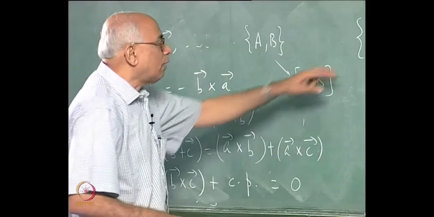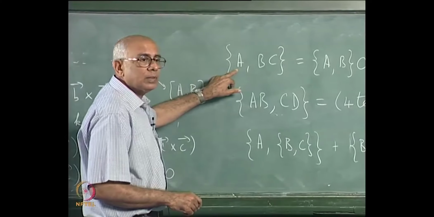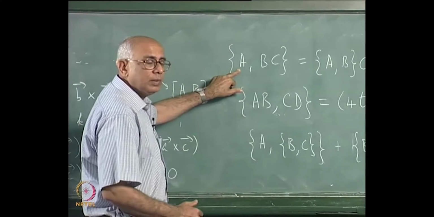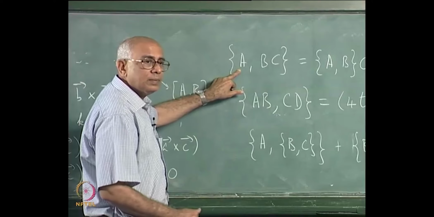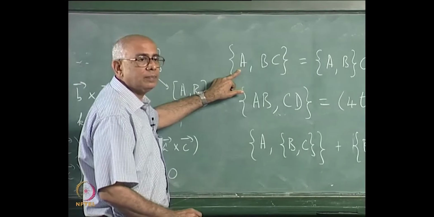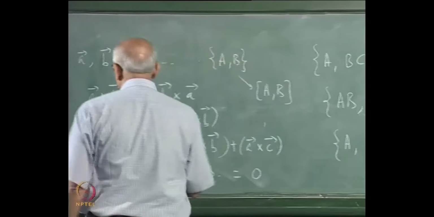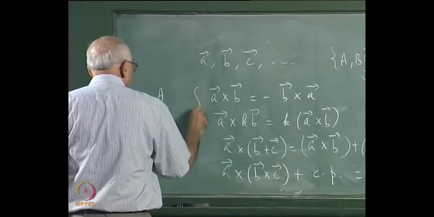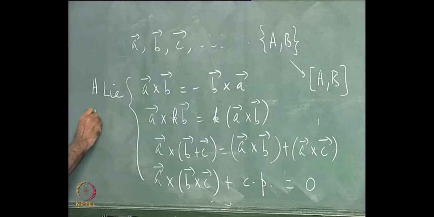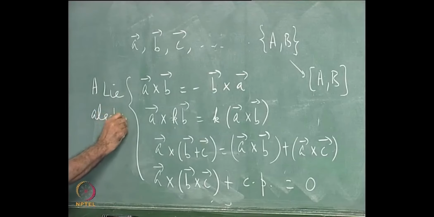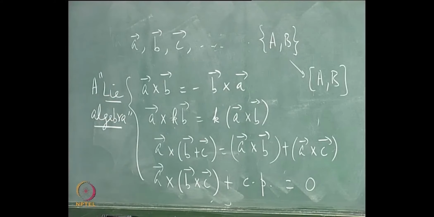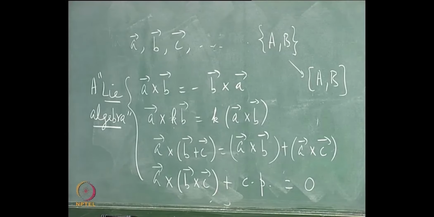So it says functions of the dynamical variables of a dynamic Hamiltonian system form a Lie algebra under the Poisson bracket operation. A very useful concept.